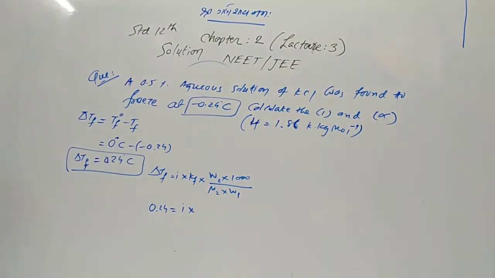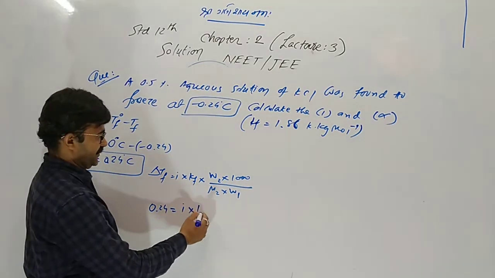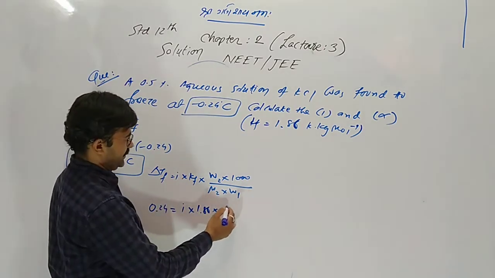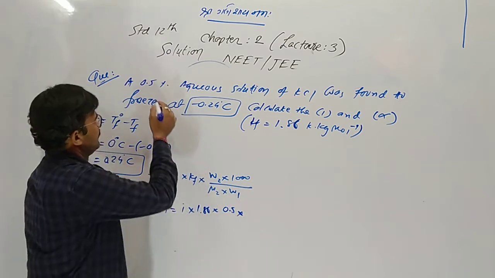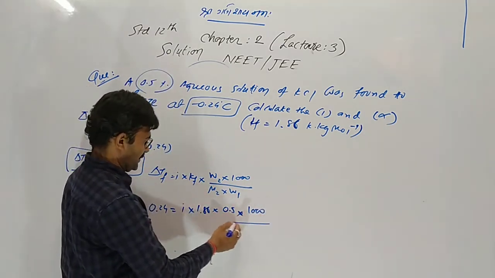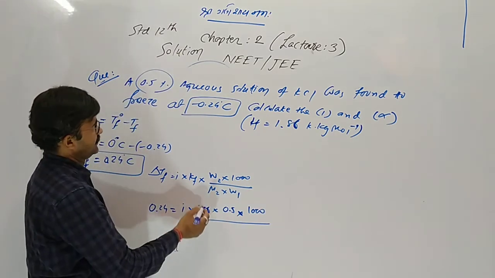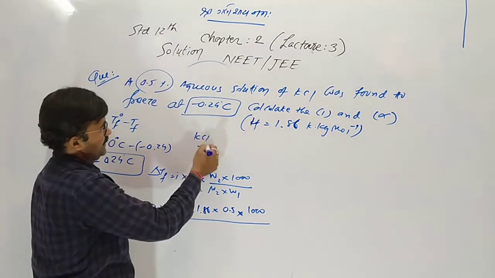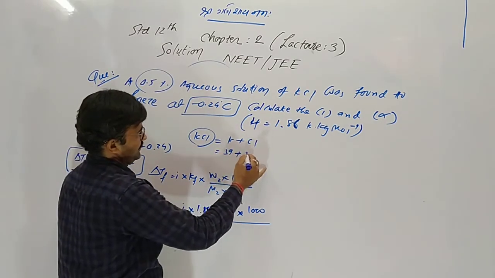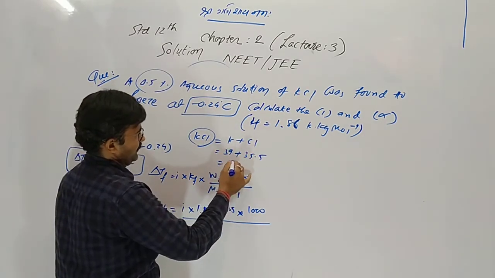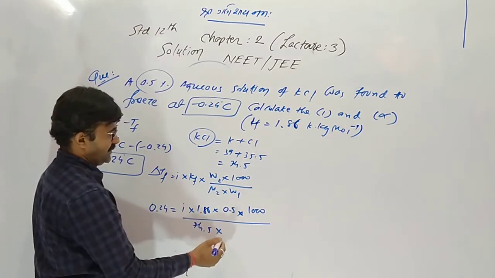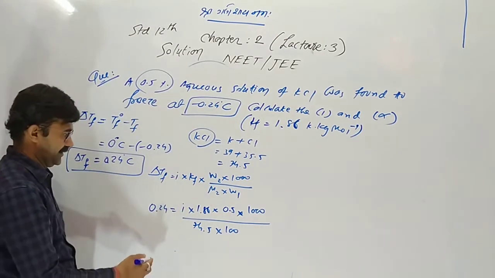So we can derive: 1.86, W2 is 0.5 gram, since percentage is with reference to 100, 1000, and M2, the molecular mass of KCl, potassium 39, chlorine 35.5, so 74.5, and mass of solvent 95.